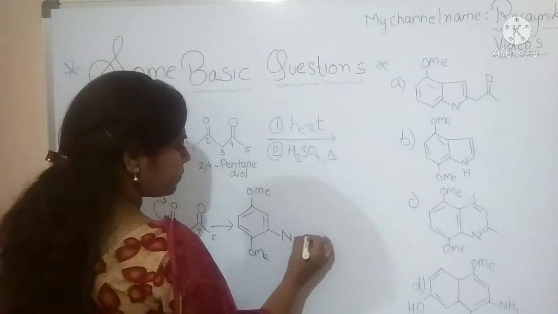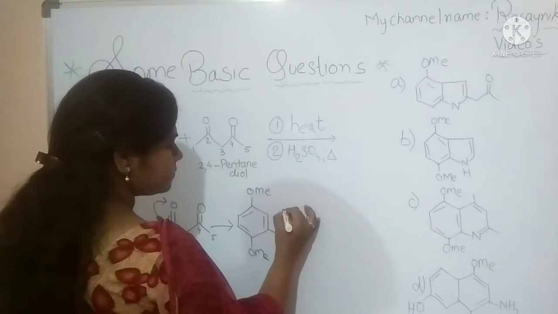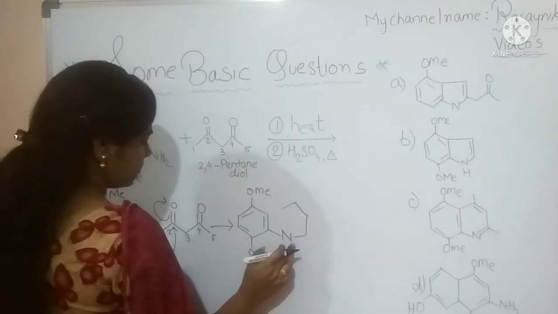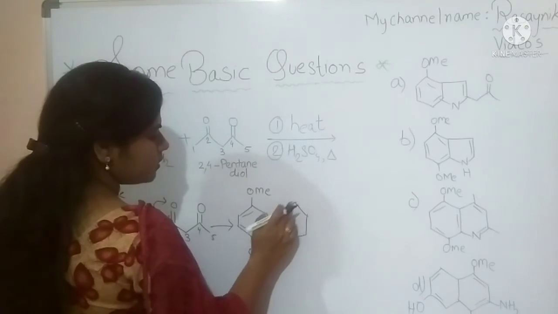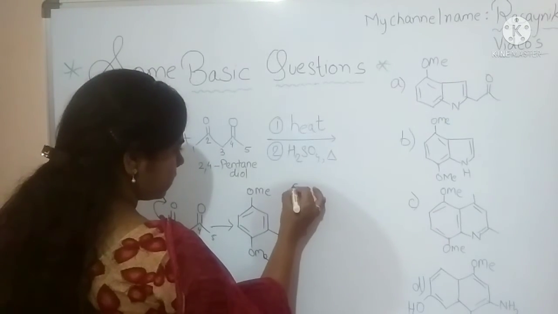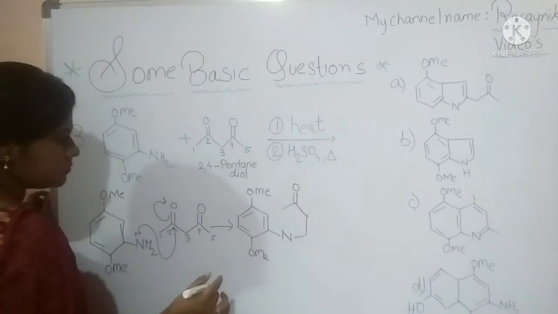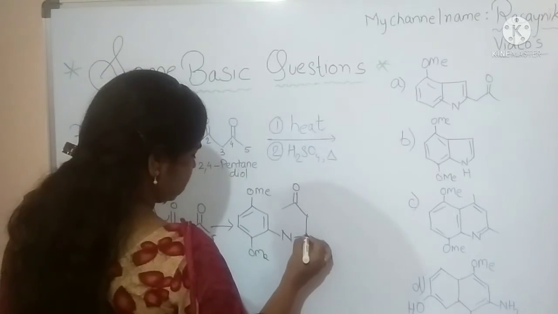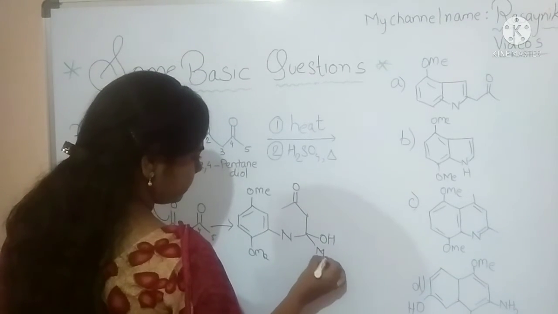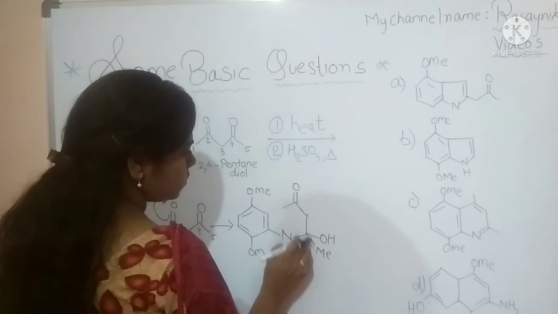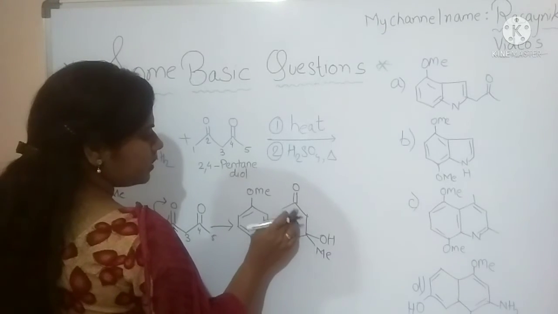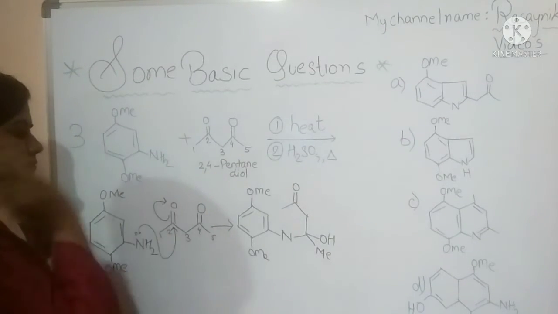Here now, okay, 1, 2, 3, 4, 5. 1, 2, 3, 4. Okay, here double bond and here OH and here methyl. This is 5. Okay, now waiting.